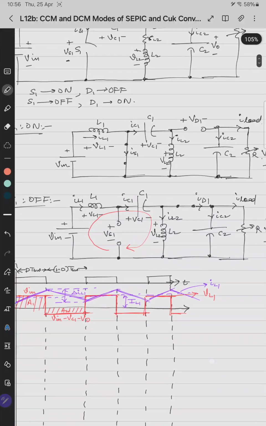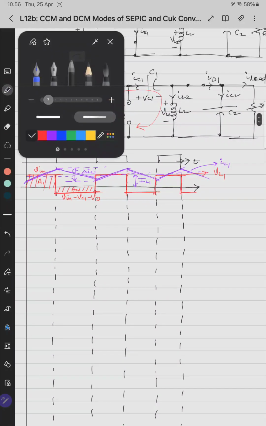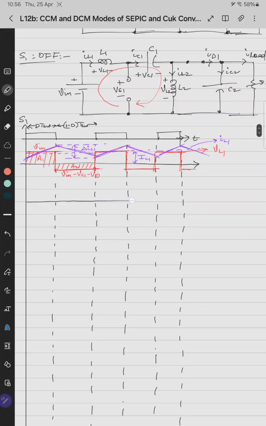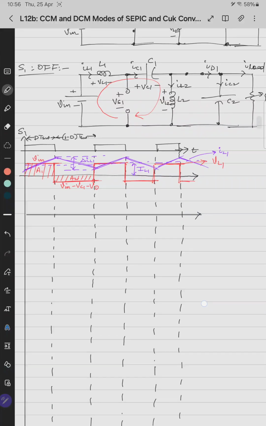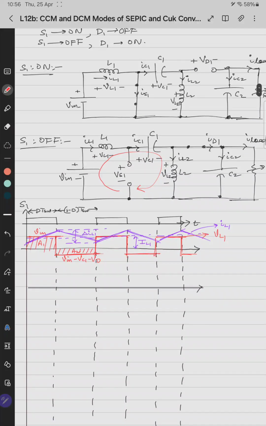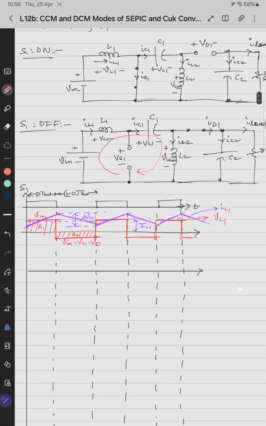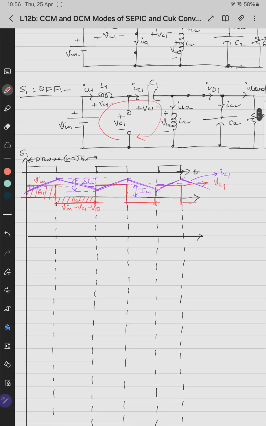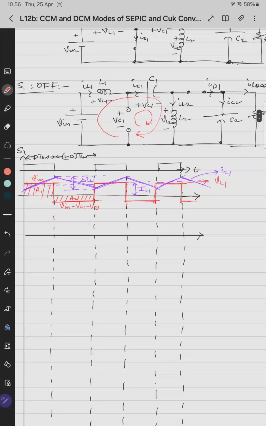So the first inductor is done. The second component is the switch. When the switch is on, the voltage across it is 0, and when the switch is off, VS1 is VC1 plus VL2, or VC1 plus V0, because we apply KVL in this loop only, not in that loop.